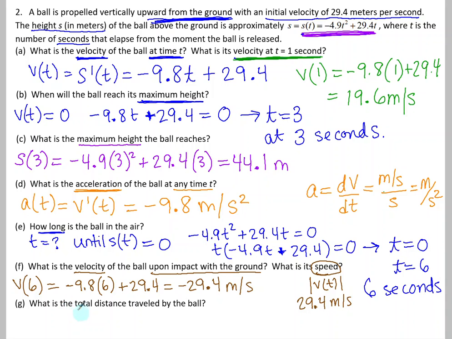G. What is the total distance traveled by the ball? So we know that the ball goes up for 3 seconds and then hits the ground after 6 seconds. So thinking about its position, s of 3 at 3 seconds, plugging the 3 into the position earlier gave us 44.1 meters.